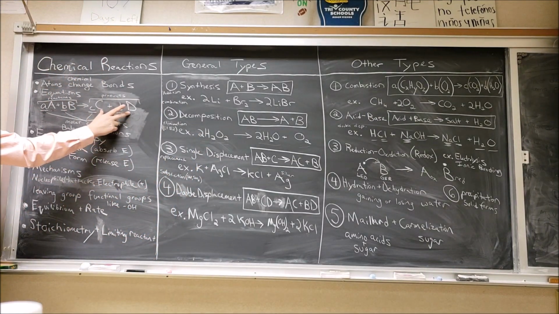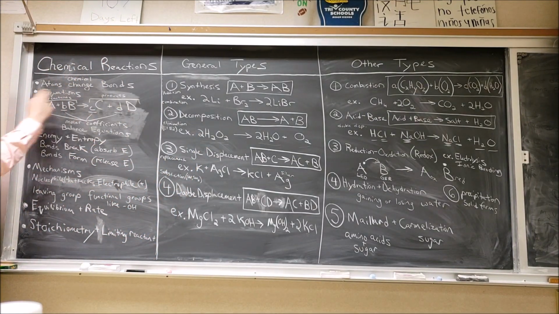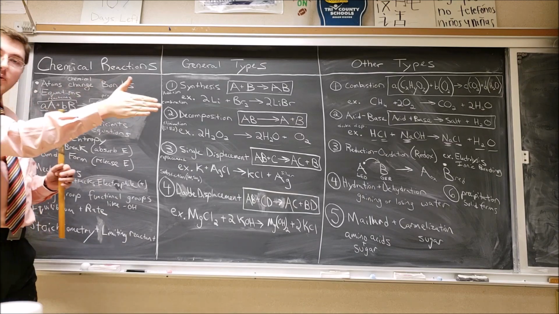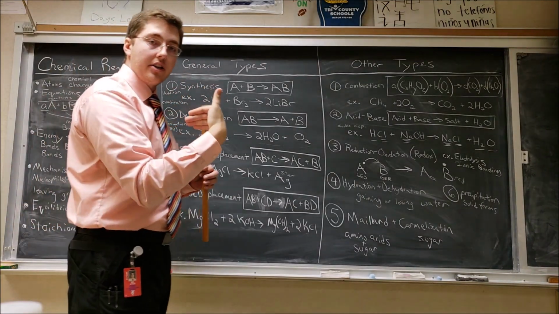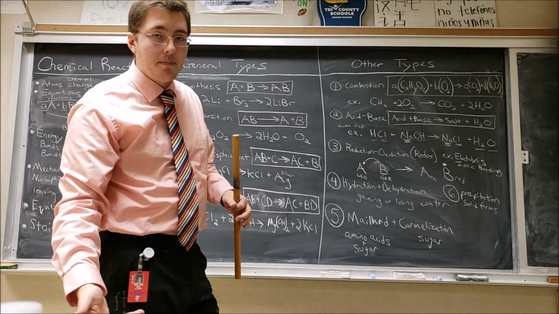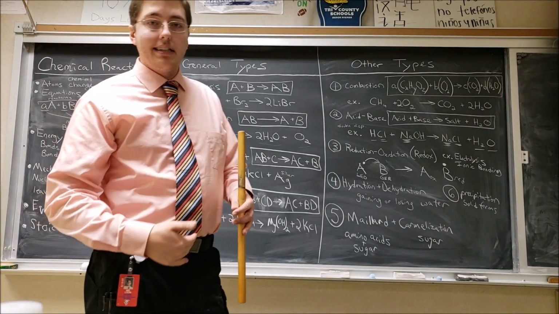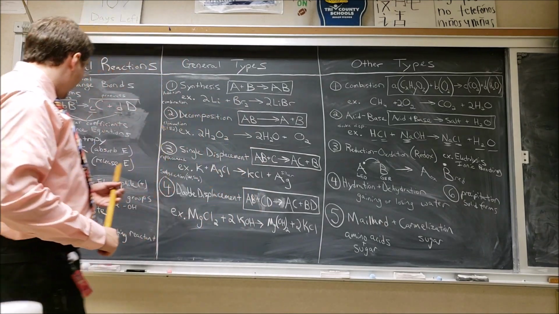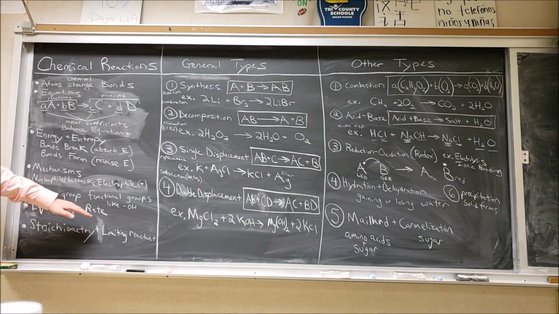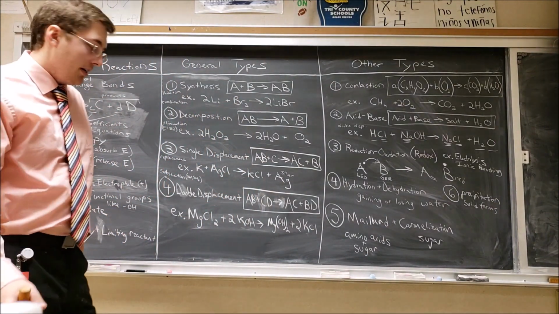And the products are going to come together to form reactants, and that's just going to keep going until the rate of the forward reaction equals the rate of the reverse reaction, and then you're at equilibrium. And we have rate laws and rate constants and equilibrium constants and all sorts of stuff like that, and that has to do with equilibrium and rate of a reaction.